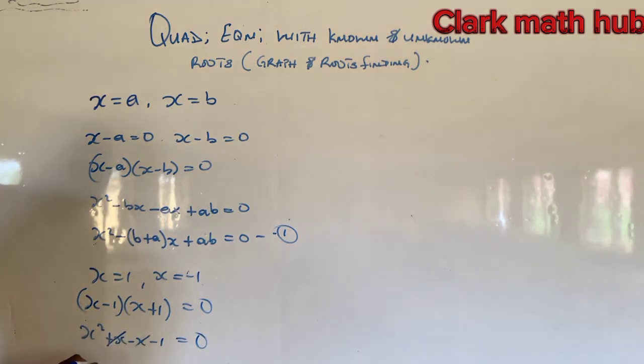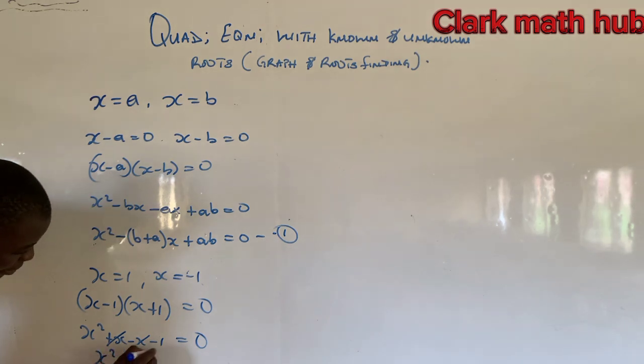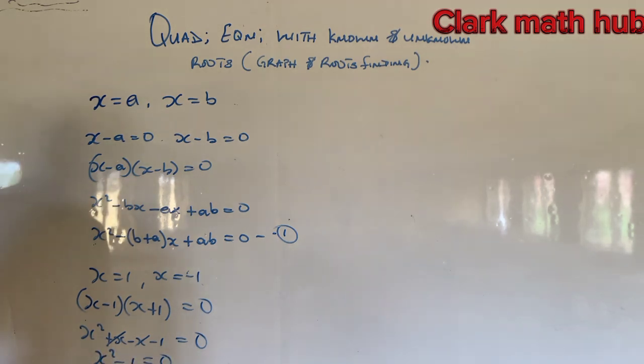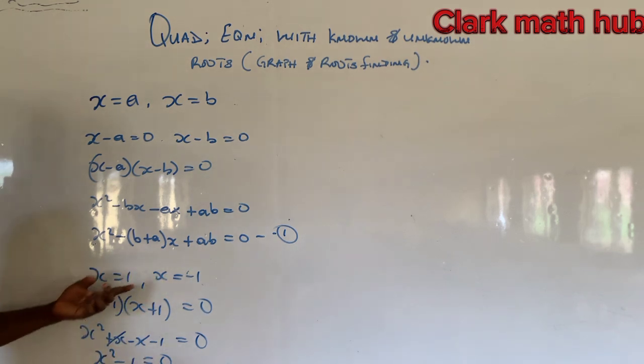The plus x and minus x cancel out, so we have x squared minus 1 equal to 0.